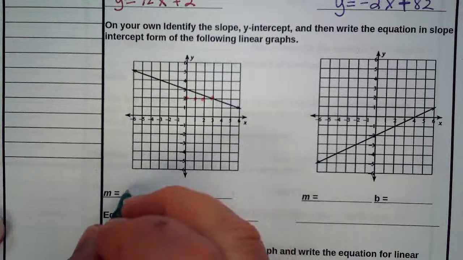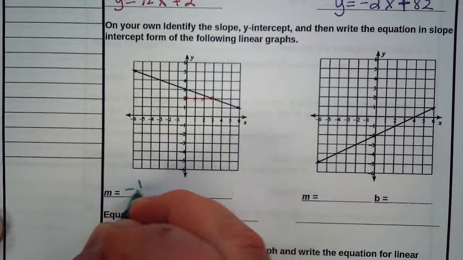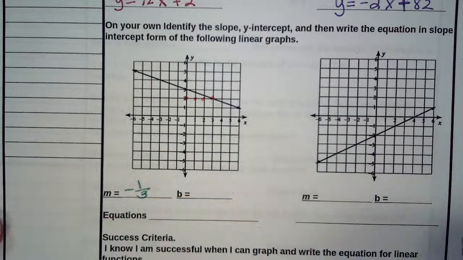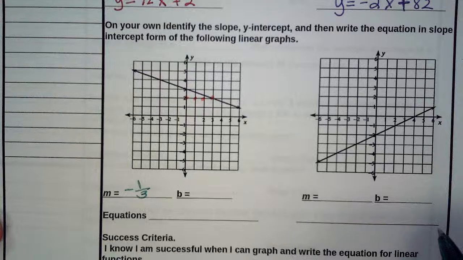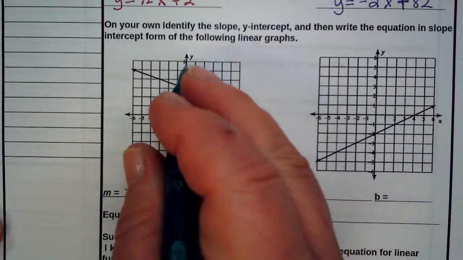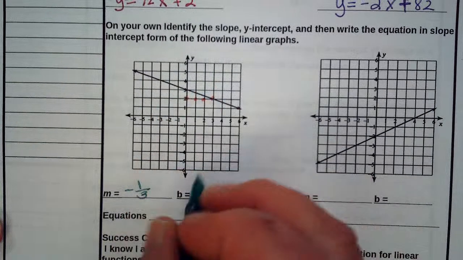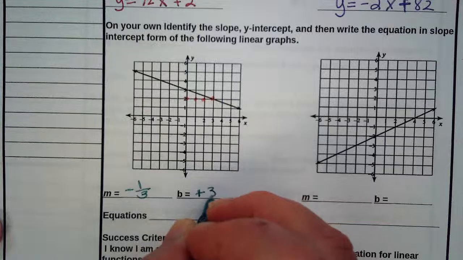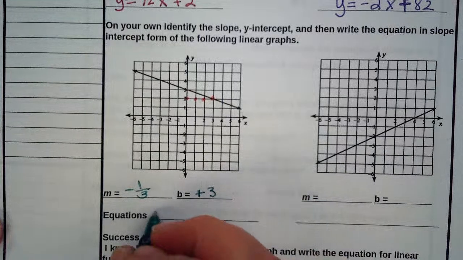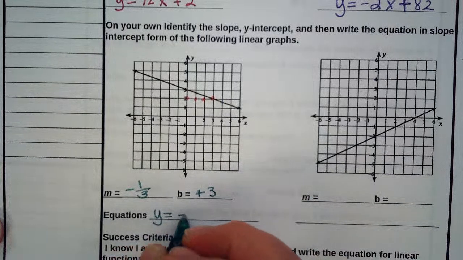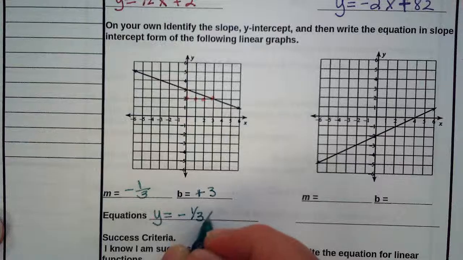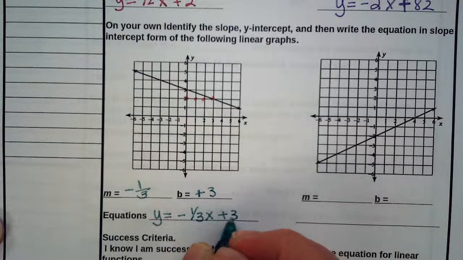So this is a negative. I go down 1 and right 3. Negative 1/3. Where does it go across the y-axis? At positive 3. Putting it all together, y equals negative 1/3 x plus 3.